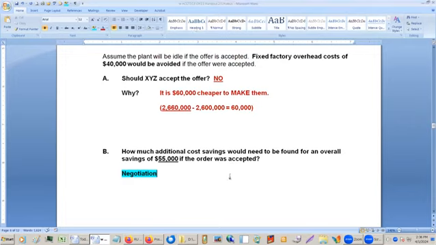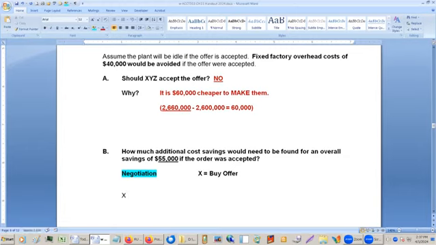Yeah. So here's what I'm going to do. I'm going to say that X is going to equal the offer. I'm just going to put it into an equation.